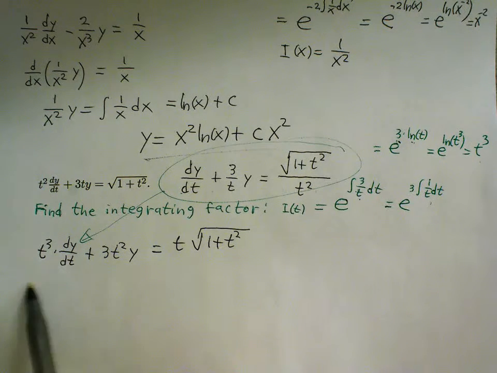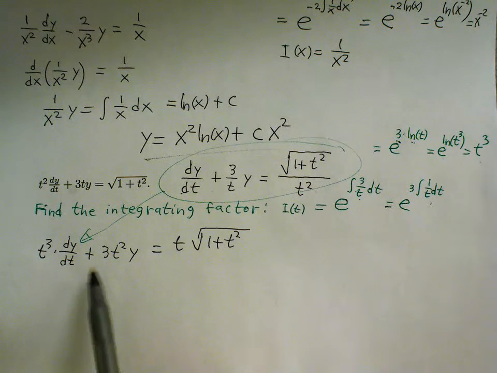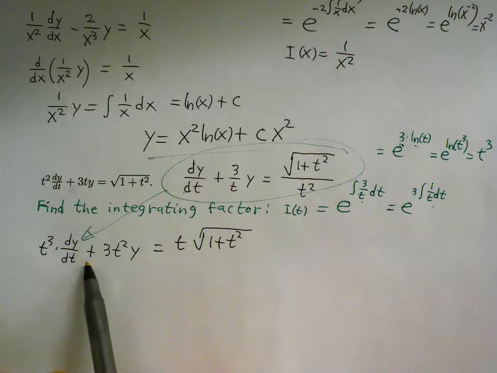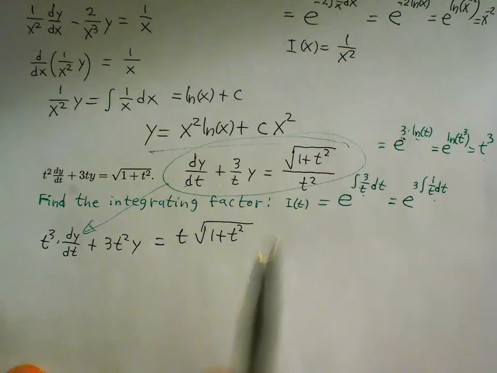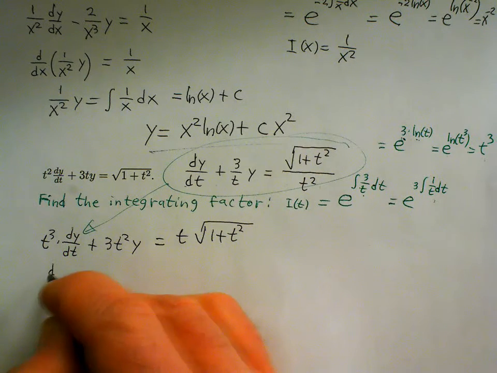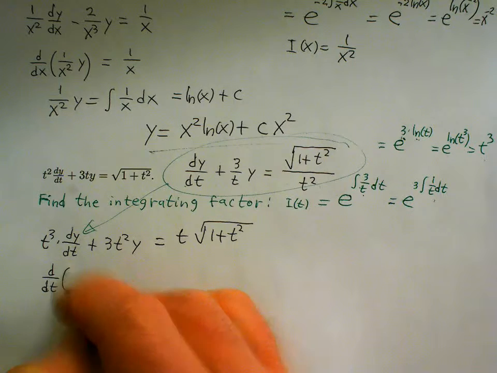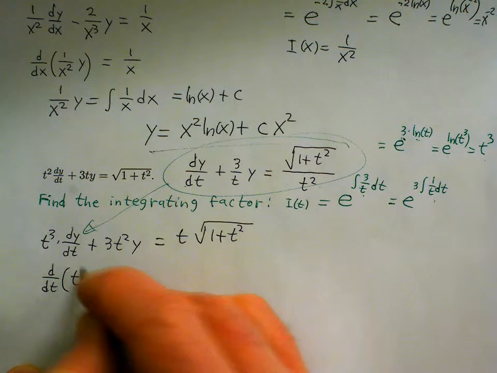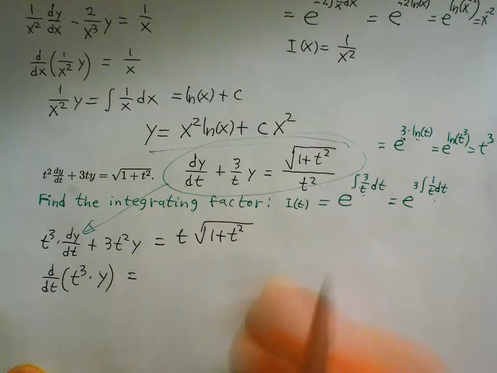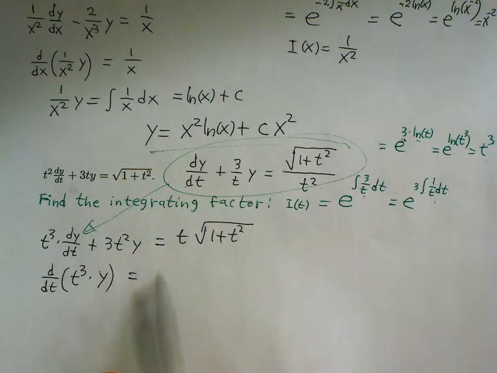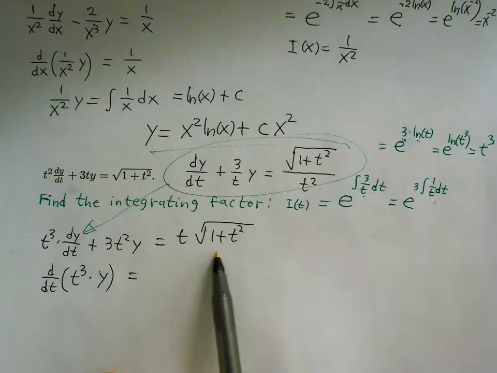The left-hand side is the result of applying the product derivative rule to a product of functions with respect to t. So the left-hand side is the derivative with respect to t of the product t to the third times y. In the step after this one, we're going to integrate t times the square root of 1 plus t to the second.